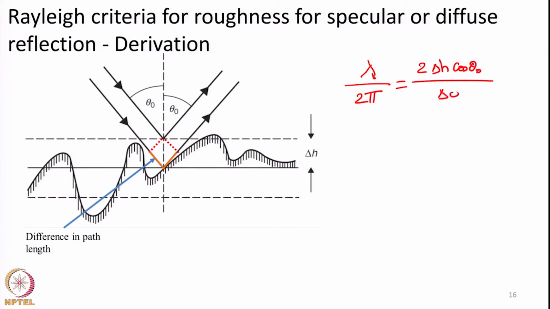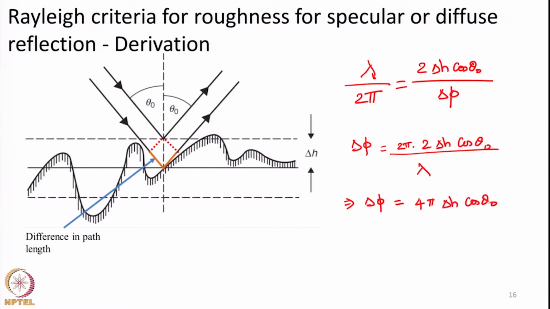What is the phase? We do not know, because this is the phase difference between two waves. So, we need to calculate this. Rearranging, delta phi is equal to 2 pi into 2 delta h cos theta naught by lambda, that implies delta phi is equal to 4 pi delta h cos theta naught by lambda.